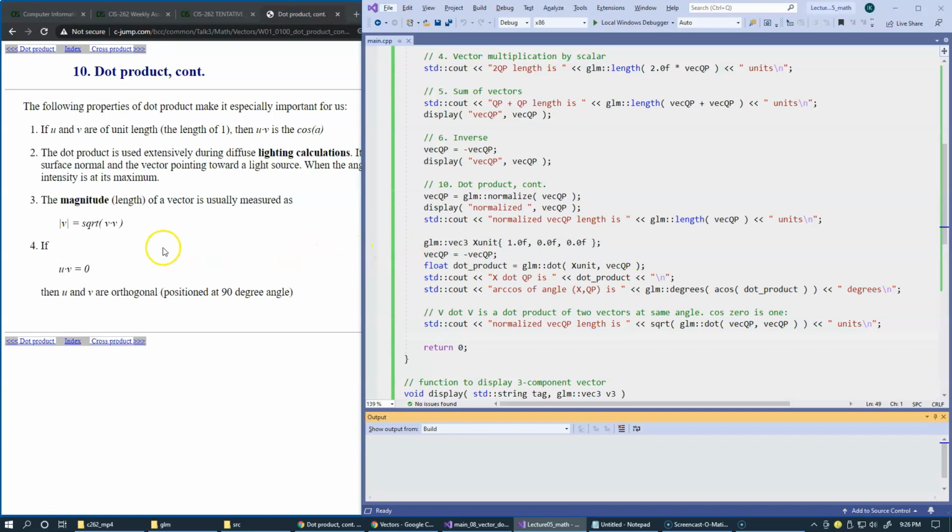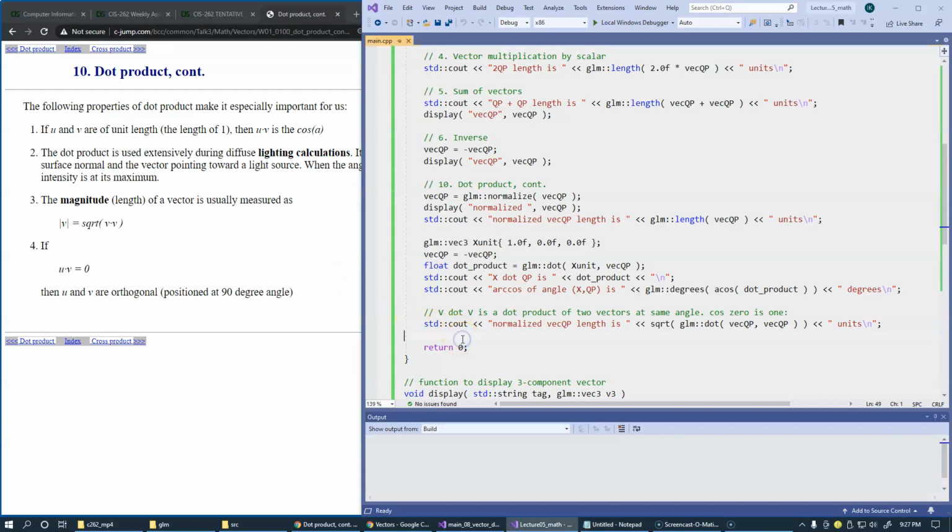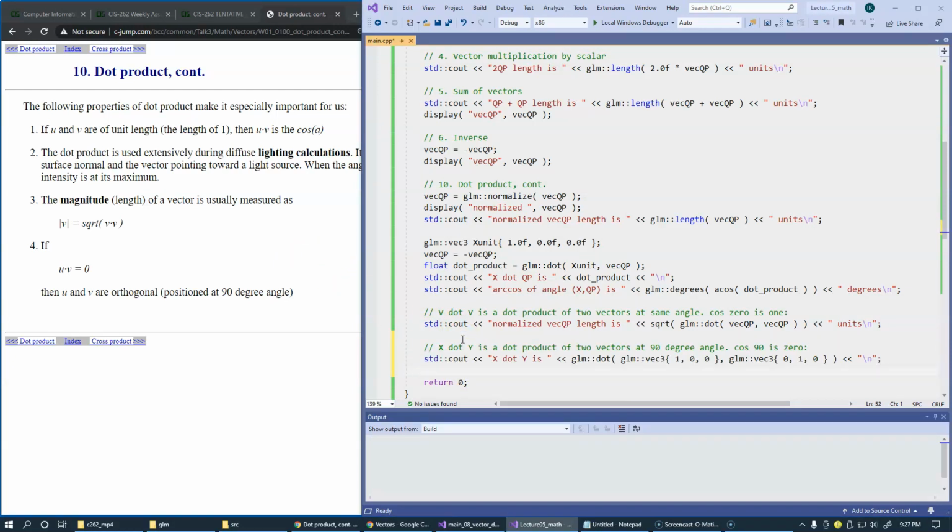Finally, if the two vectors are orthogonal, positioned at a 90-degree angle, just like the y and x axis vectors, then the u and v dot product equals 0, because the cosine of 90 degrees is 0. We can demonstrate this with the following example.